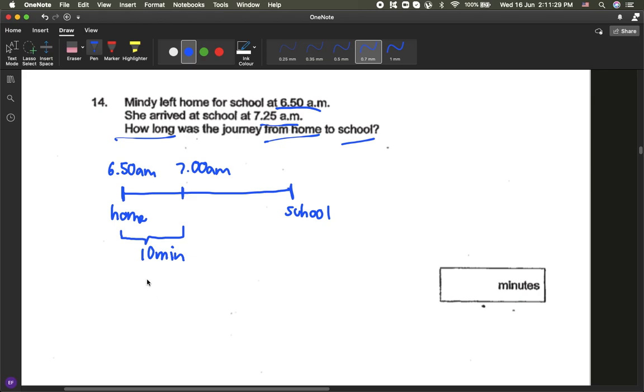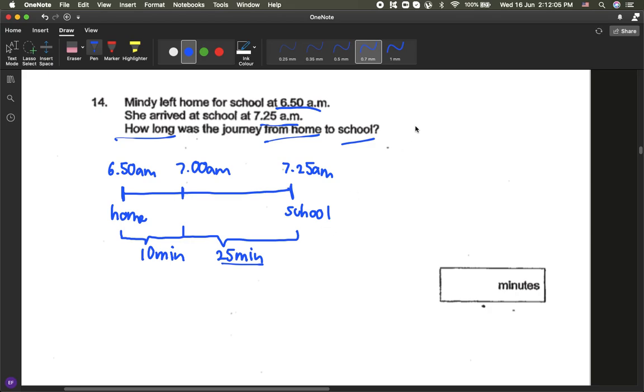That's because when we add 10 minutes to 6:50 a.m., we get 7 a.m. And now we are only left to find the timing for this region from 7 a.m. to 7:25 a.m. And how long did Mindy take? Well, Mindy took 25 minutes. That's because the difference between 7:25 a.m. and 7 a.m. is 25 minutes.